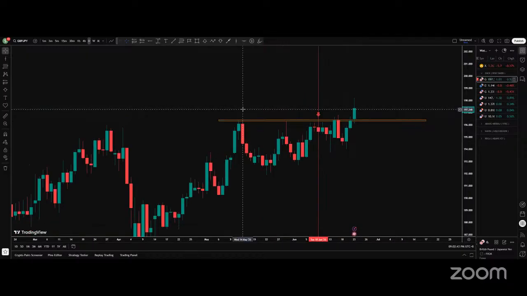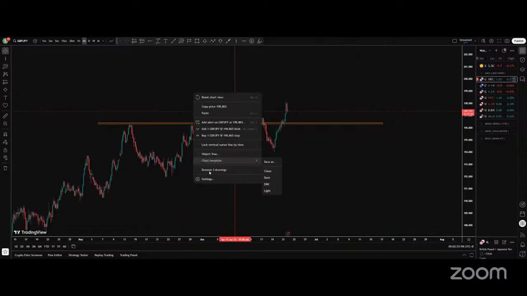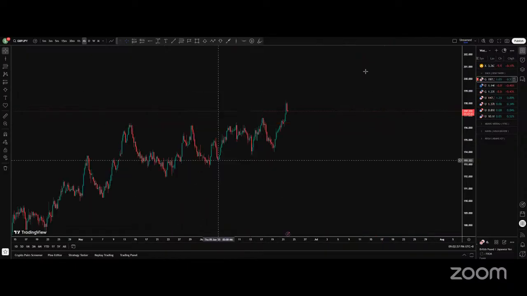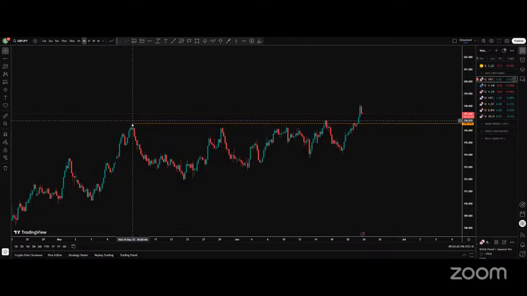So it doesn't really matter. Sometimes you don't really need to go to the daily as well. You can go down to the hour 4 straight away, because it's mostly the same thing. Right, so based on the hour 4 time frame, we understood that daily has been rejecting this resistance over here.